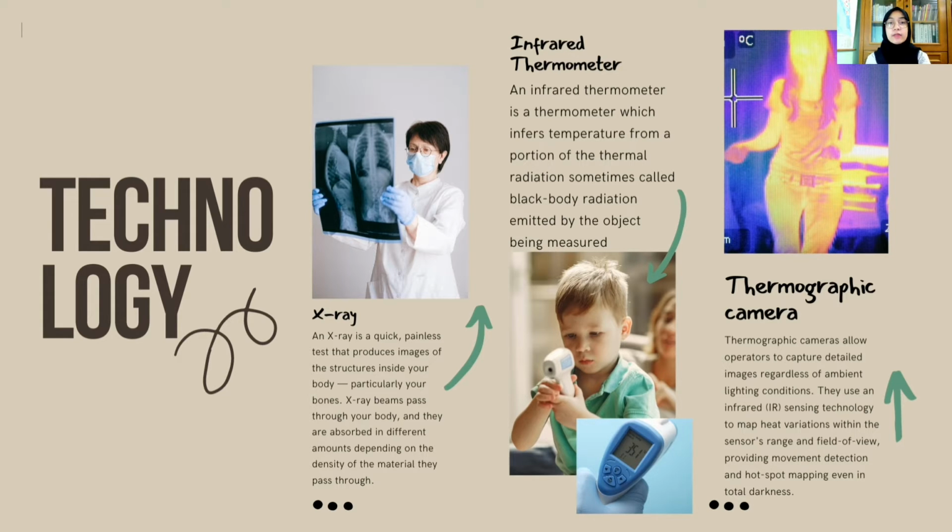The next one is the infrared thermometer. Infrared light works like visible light. It can be focused, reflected, or absorbed. Handheld infrared thermometers typically use a lens to focus light from one object onto a detector, called a thermopile. The thermopile absorbs the infrared radiation and turns it into heat.